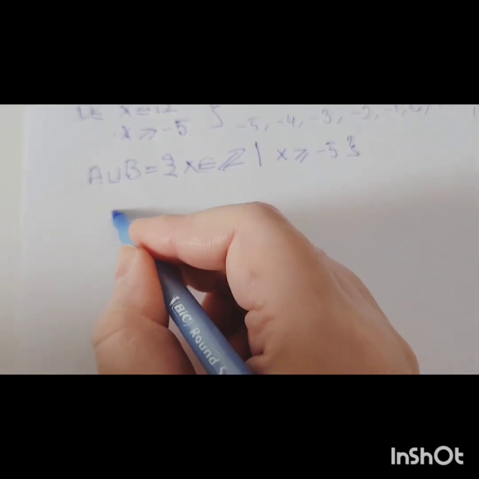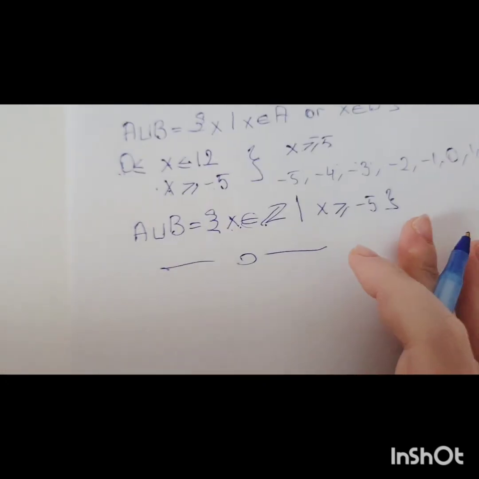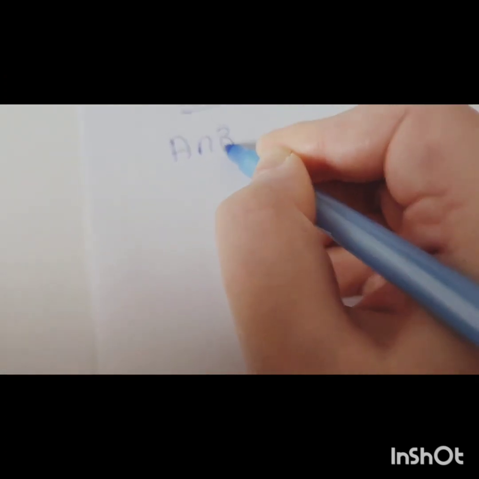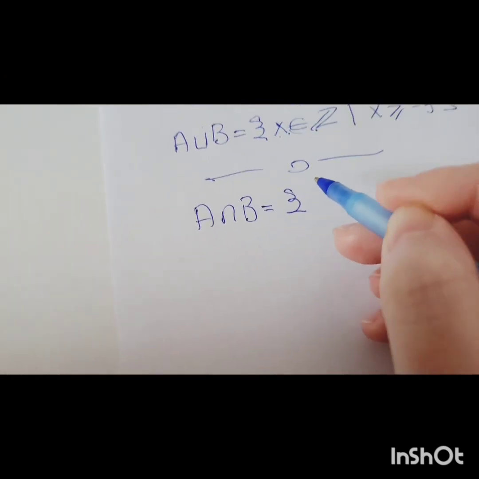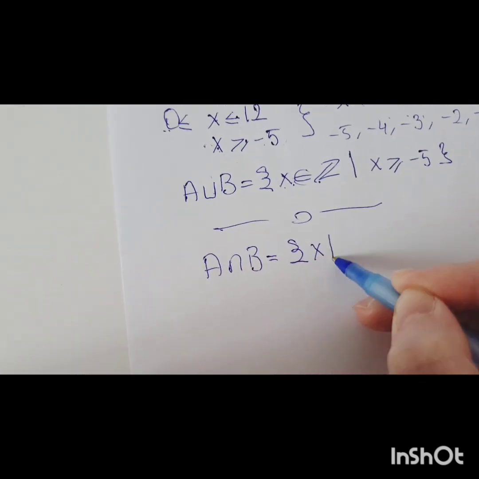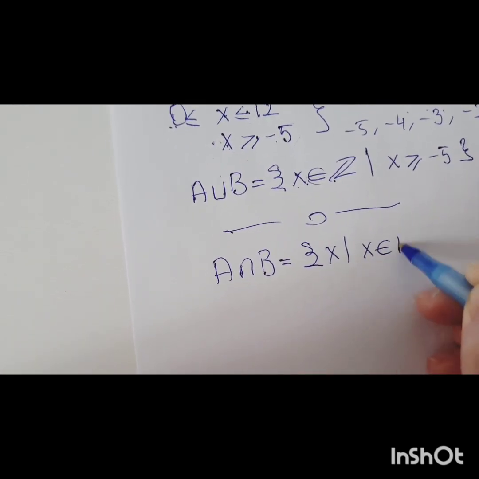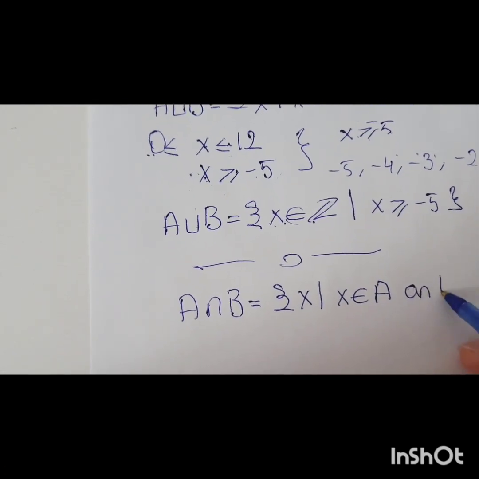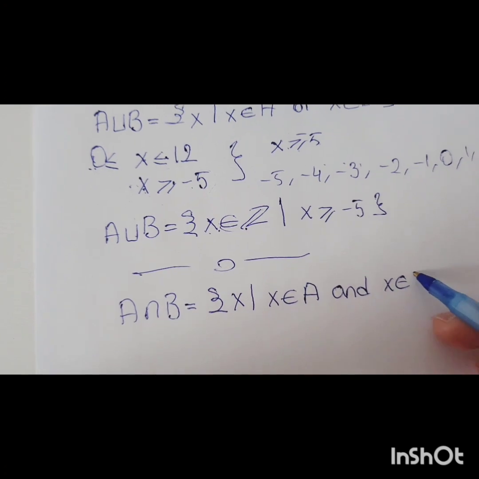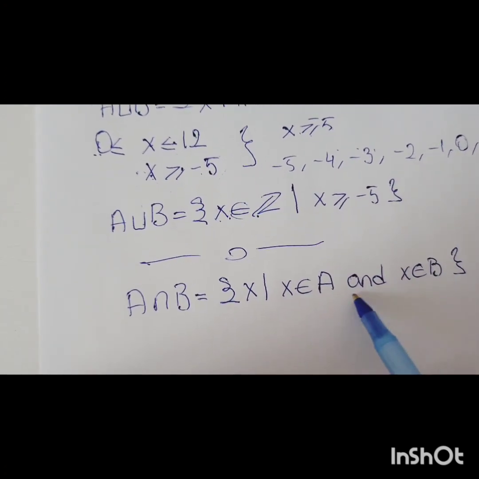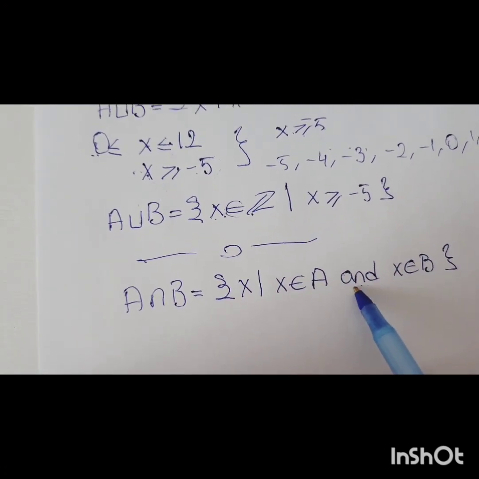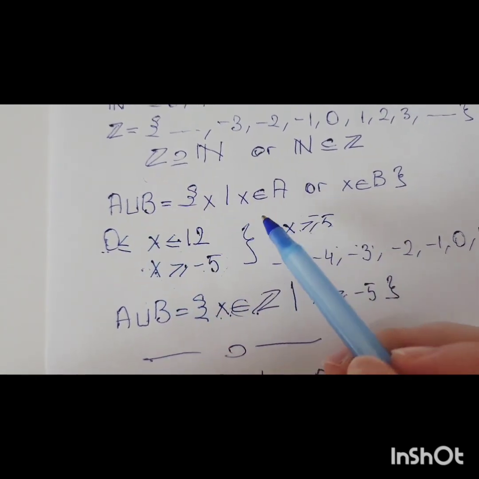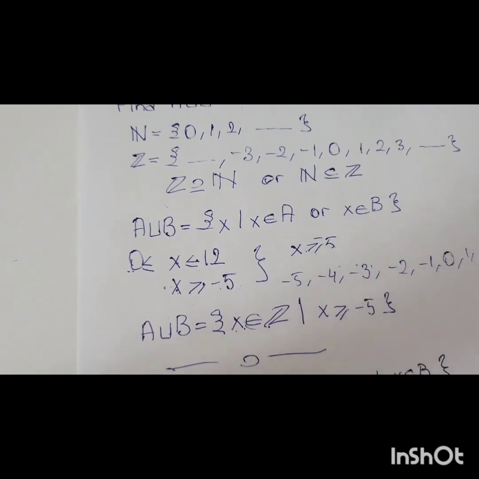Now let's find A intersection B. Let's remember, it contains elements that are both in A and in B. When we create the union, we take or.